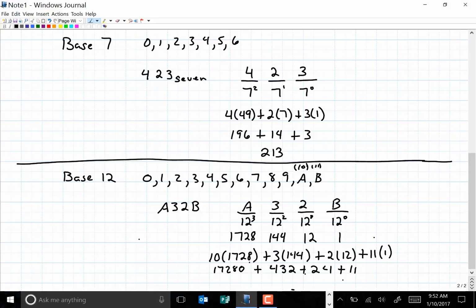So 17,280 plus 432, I'm just entering this into a calculator now, plus 24 plus 11 is equal to 17,747. So in base 10, our base, we would represent the number this way.